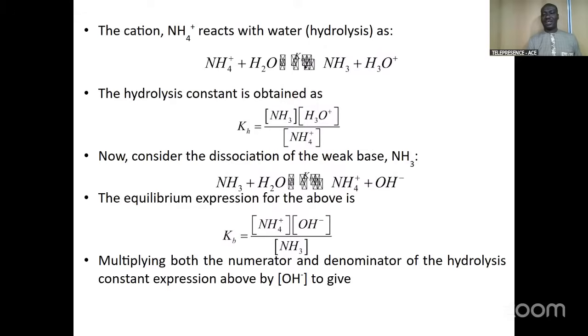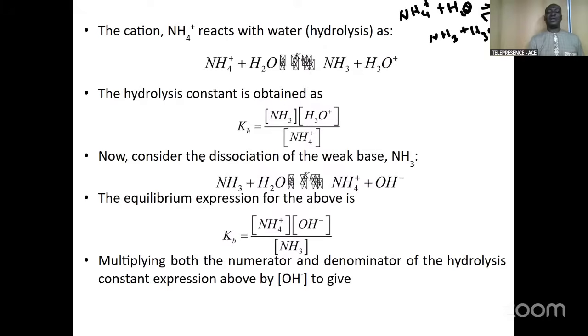So what we have there is what I'm writing here: NH4+ reacting with water, with an equilibrium sign, to give us ammonia and H3O+. On top of this, I have Kh. Okay, so that's what we have here.